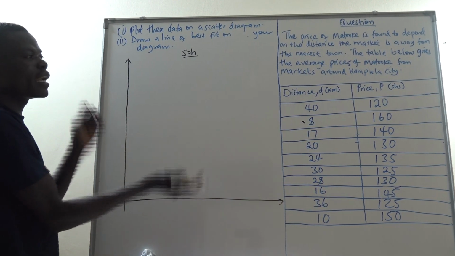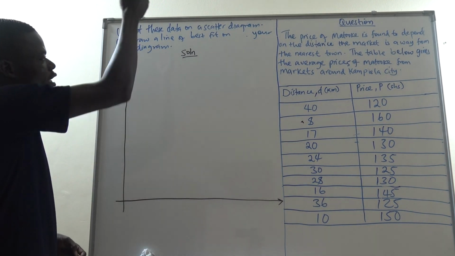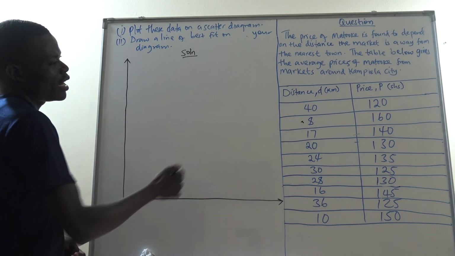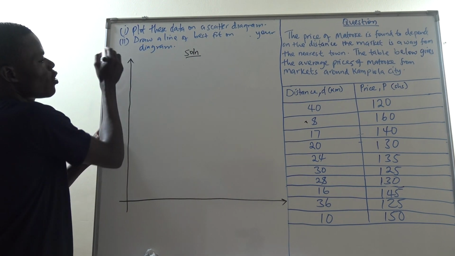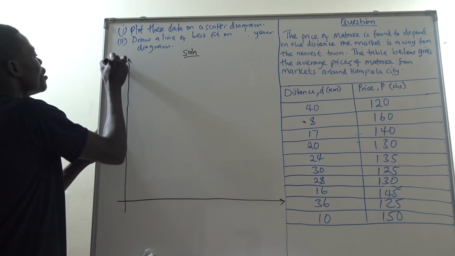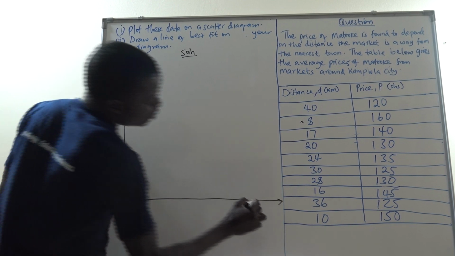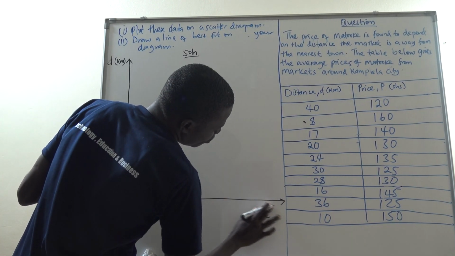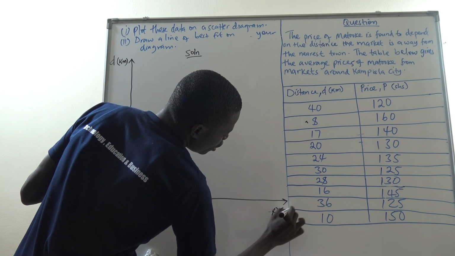But for your case, you can interchange and put P on the vertical, because the graph has the longest side on the vertical, and D on the horizontal. So this one will become my D in kilometers, and this one will become my P, standing for price in shillings.